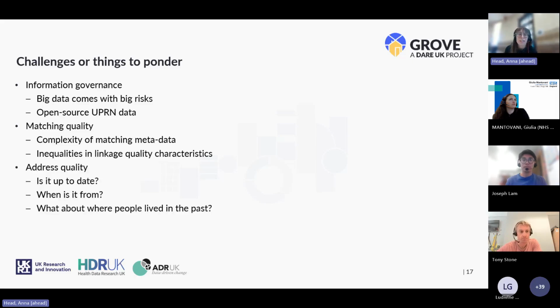And then the next set of considerations is that in our context and the data that we have, what we have is a matched UPRN based on the most recently updated address in the GP record. And we probably all have experience of our GP records not having our current address. Certainly for me, telling my GP that I've moved is not the first thing I do when I move house, unless I have a specific reason.